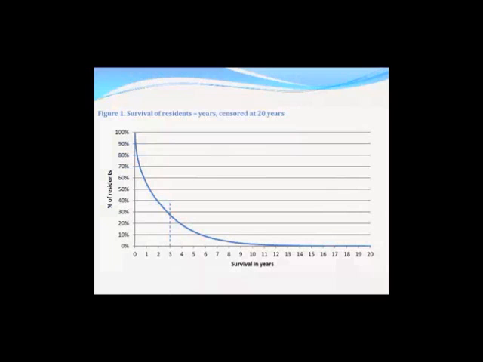This is something that is absolutely critical to the cost of many funding systems, such as the Gilman proposal, which is the survival of people in residential care. This graph illustrates the survival of residents, censored at 20 years. We estimated this on the basis of BUPA data.